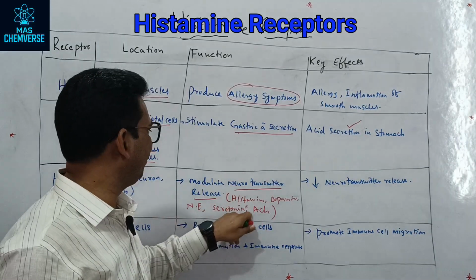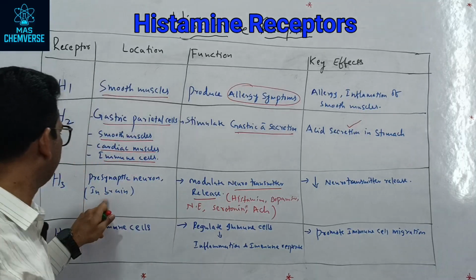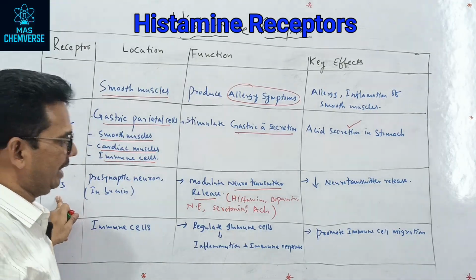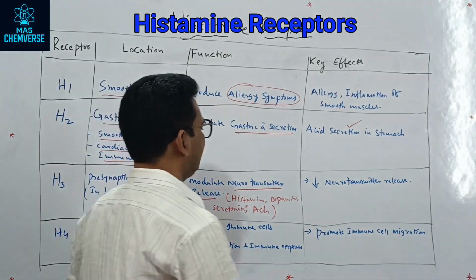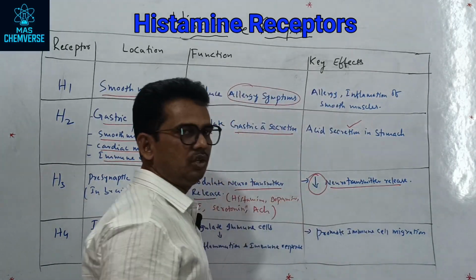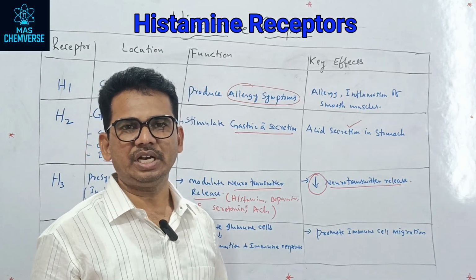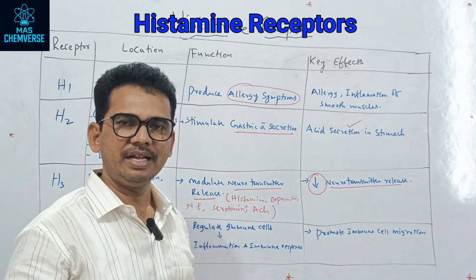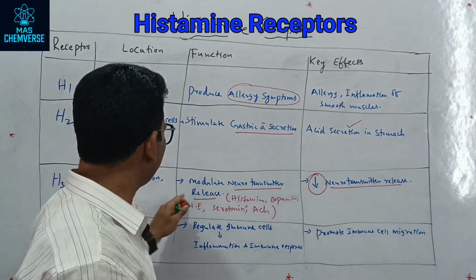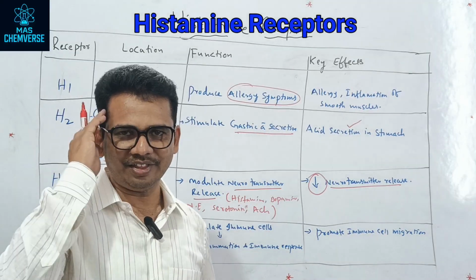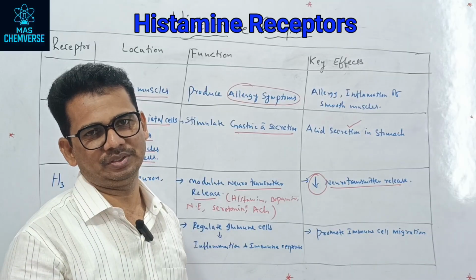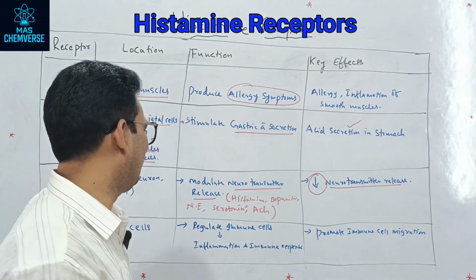All these body functions are regulated through the brain by H3 receptors. Here, the release of neurotransmitters is decreased. By that, all the functions that depend on the brain break down, that is, they slow down.